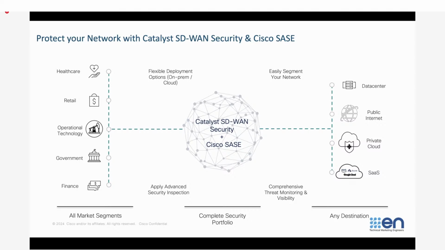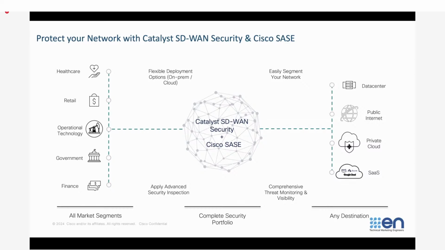If you look at the Catalyst SD-WAN security portfolio, it provides a complete, comprehensive solution for all the market segments, ranging from healthcare, retail, and government to finance sectors. And we are able to offer different options for your user traffic from your branch or campus, all the way to the private applications that could be sitting over on the right side, in a private data center, or on the private cloud.